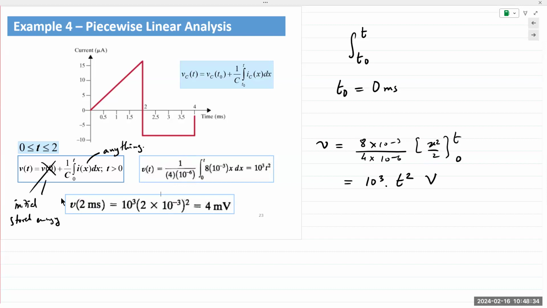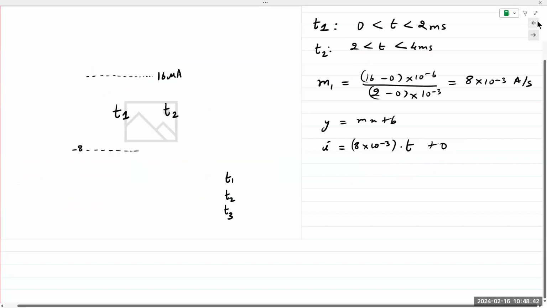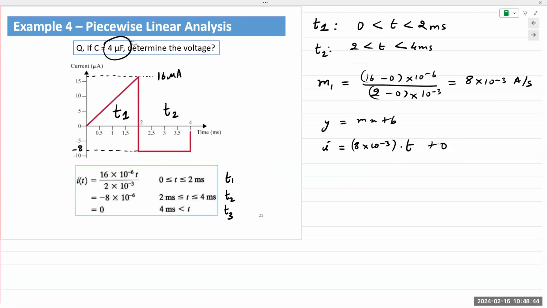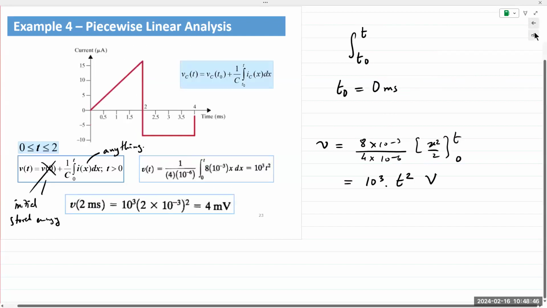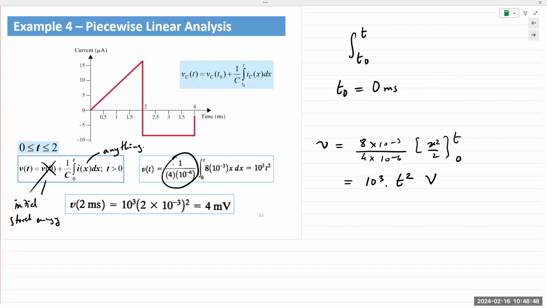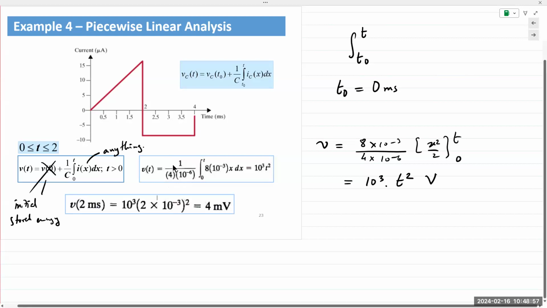Are you talking about this or this calculation? Capacitor was stated as 4 microfarads in the problem. And so 4 microfarads is right here. 1 over 4 microfarads, 1 over C. Okay. All right, so our answer is 10 cubed times t squared.